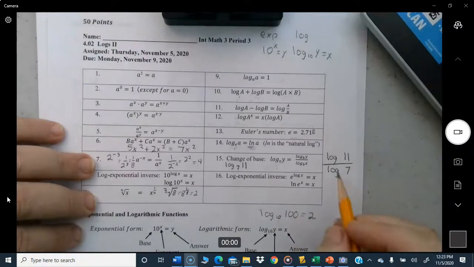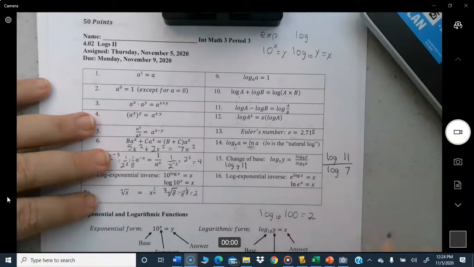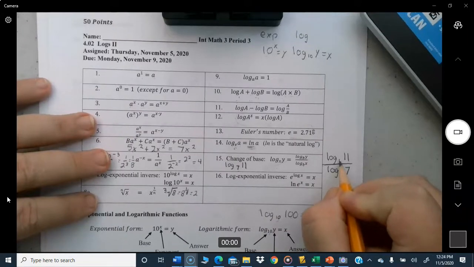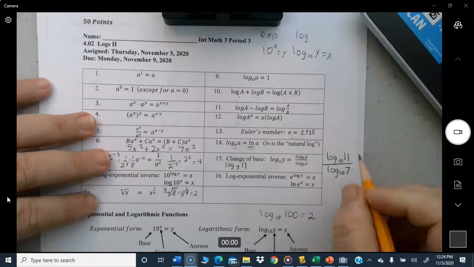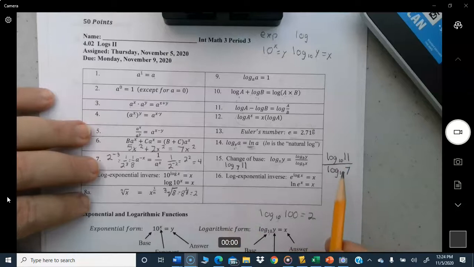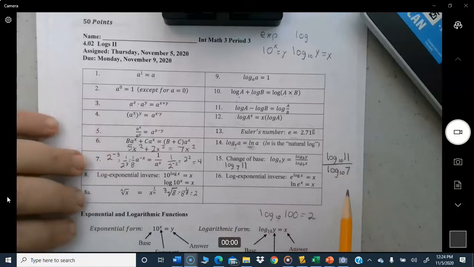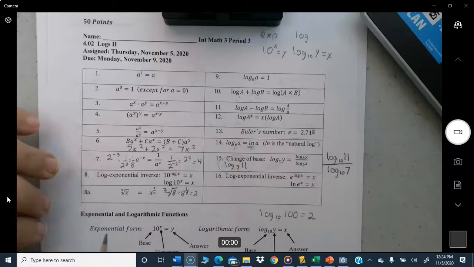And then you get to choose the base b. Well, what base would you obviously like to choose that your calculator can do? You could choose anything you want, but you're going to choose base 10 because your calculator can do base 10. So now this strange problem that we wouldn't have been able to solve on the calculator, with the change of base rule, you can do it. It would be log base 10 of 11 divided by log base 10 of 7, and that would give you whatever this is.